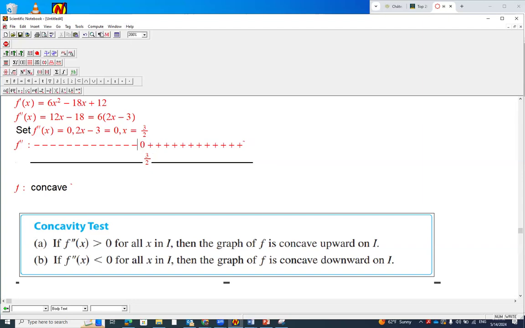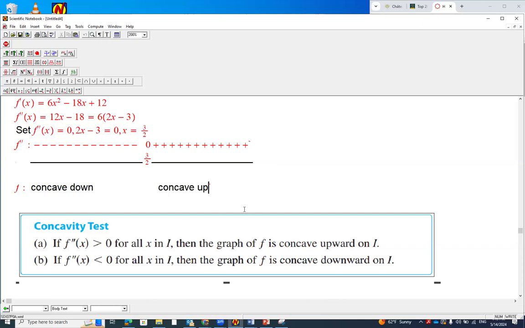Okay, so on this piece, the second derivative is negative, and according to the concavity test, the function is concave down on this interval. And on this interval, the function is what? It is concave up.